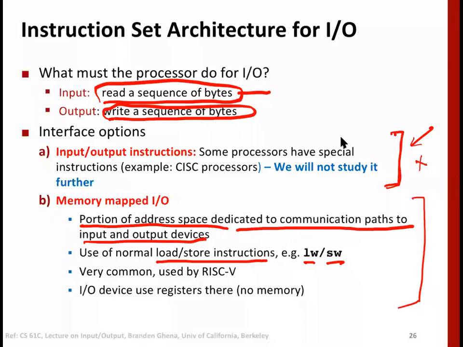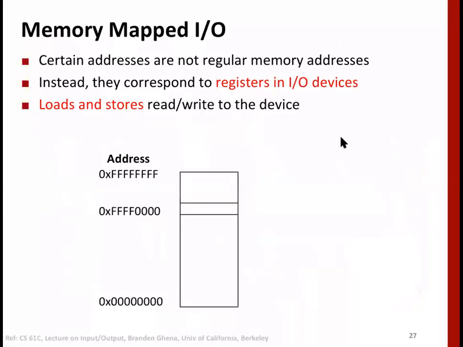So this way we can do IO, and it's a very common method. We use registers: if a register has a certain address, we can write to that register through store and read from it using load. This method we call memory mapped IO.